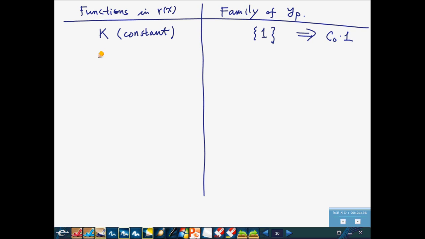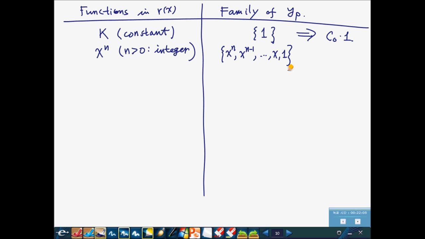What about xn, the polynomials? n is an integer greater than 0. It's a polynomial, x to the n. Then our primitive form of family functions are x to the n minus 1, x, 1.